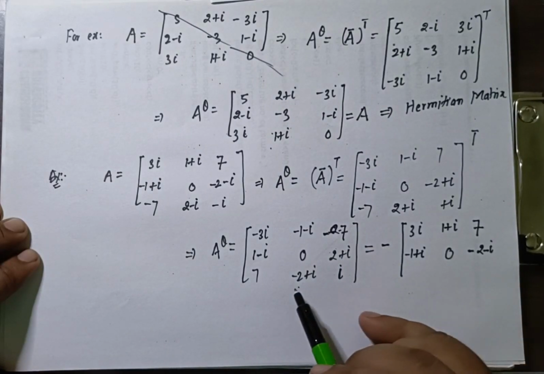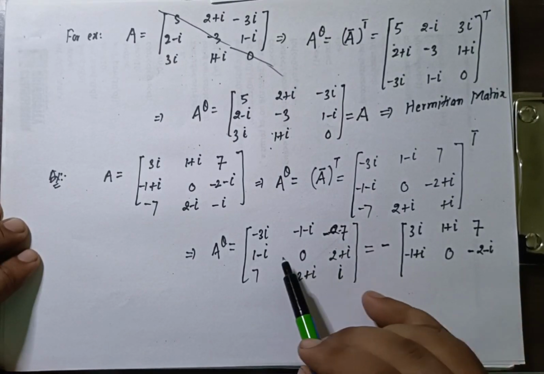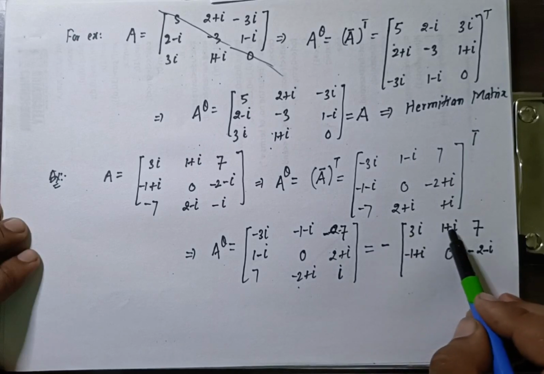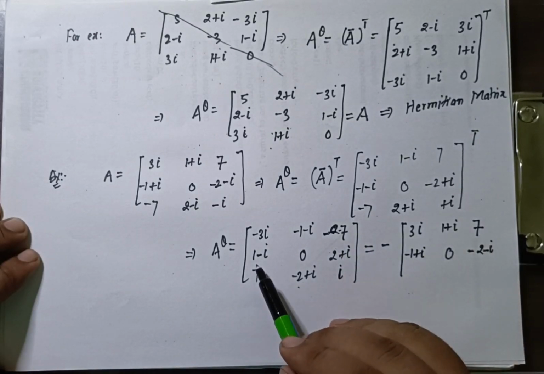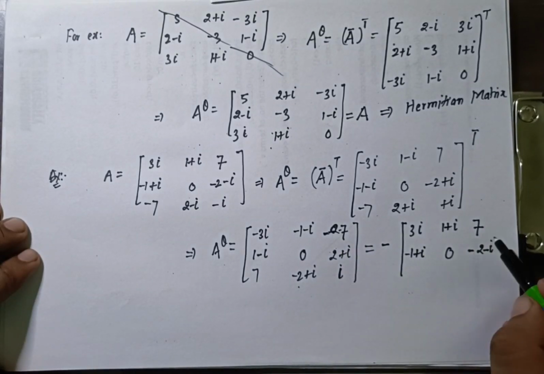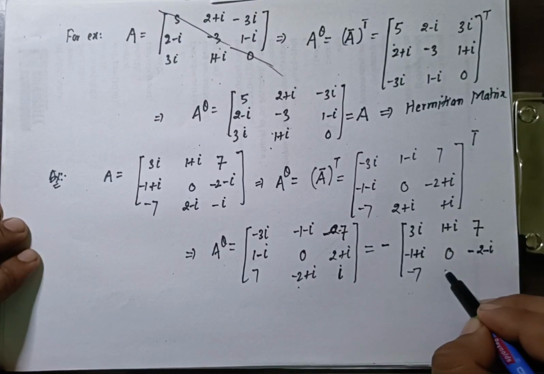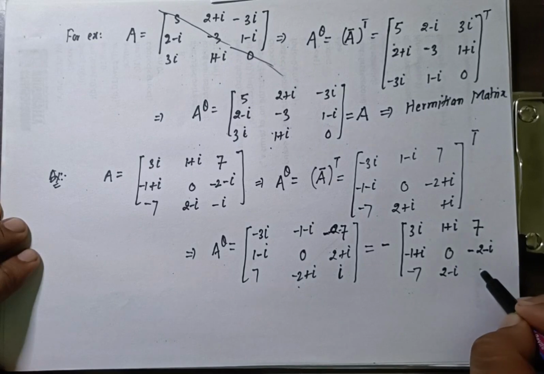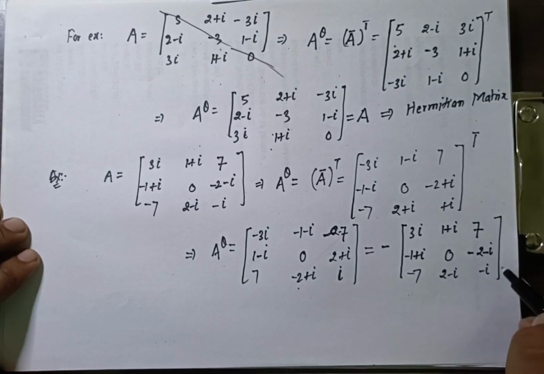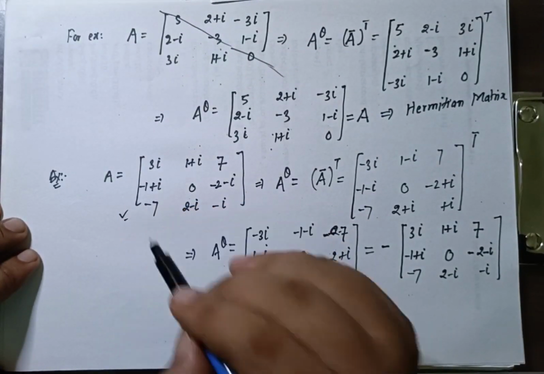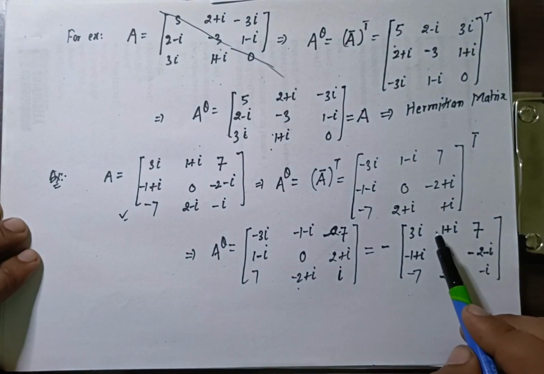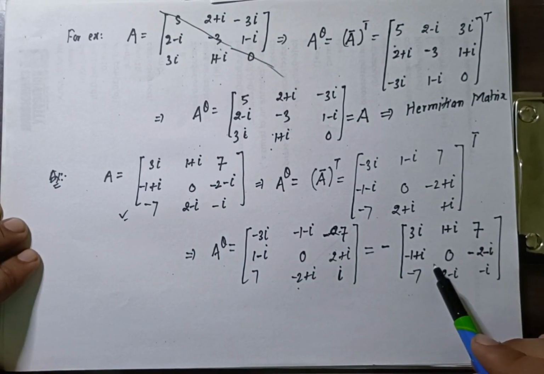Let me write this once again: 3 iota, 1 plus iota, 7, minus 1, 0, then minus 2 minus iota, then minus 7, then 2 minus iota, and then minus iota. Now compare it with the given matrix A. It is 3 iota, 1 plus iota, 7, minus 1 plus iota, 0, minus 2 minus 7.